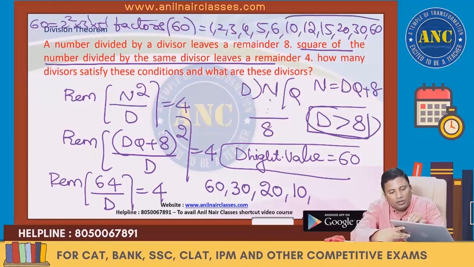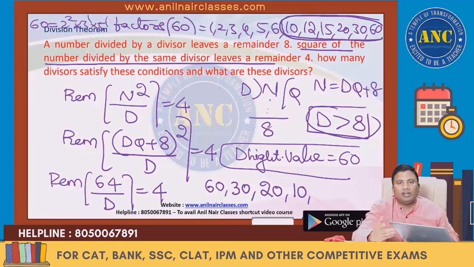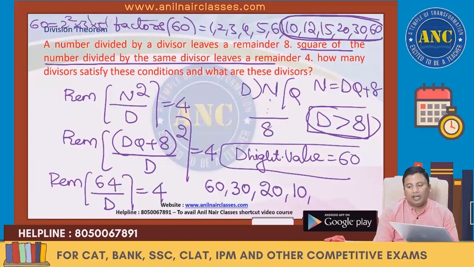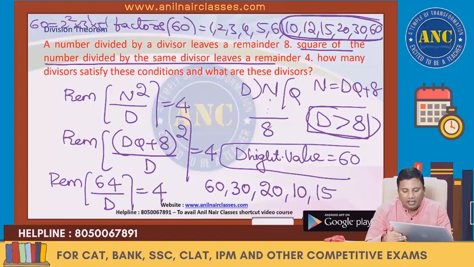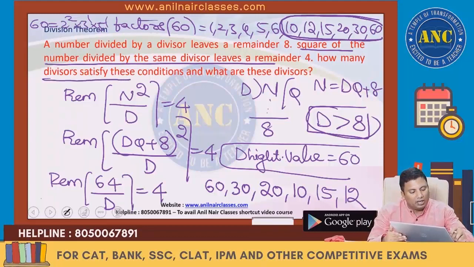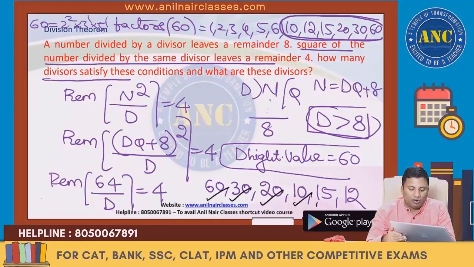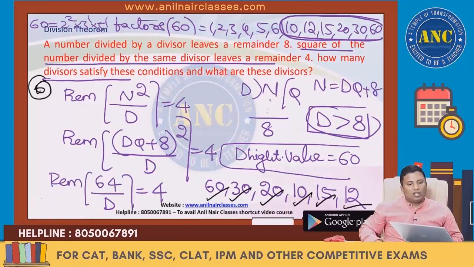So 10, 12, 15, 20, 30, 60 are the values it will take. How many divisors are possible? 6 divisors are possible, and these are all the values.